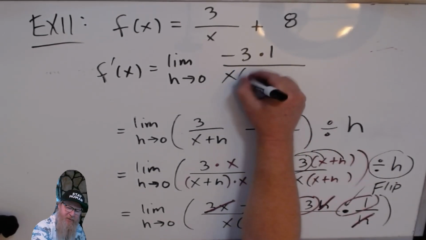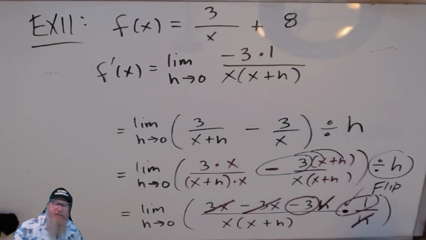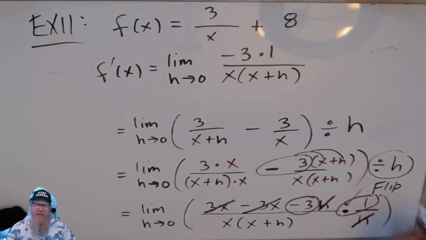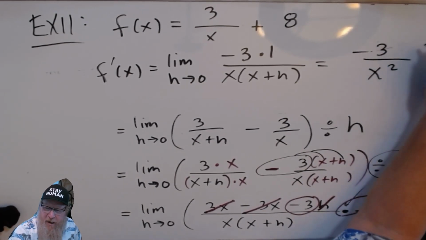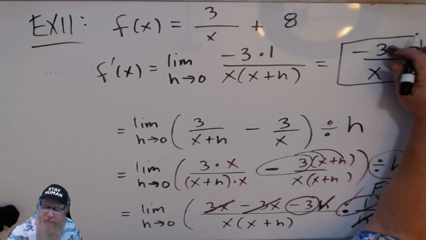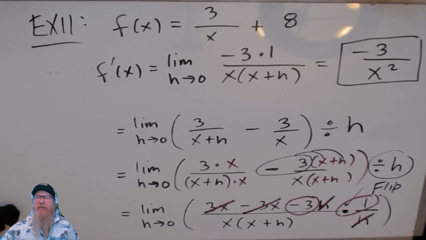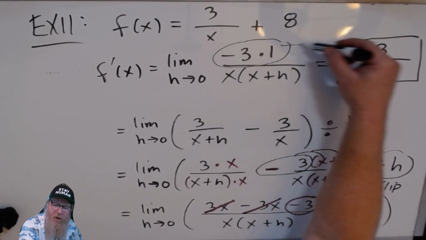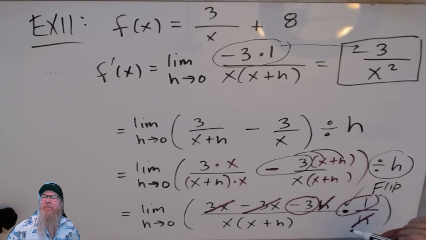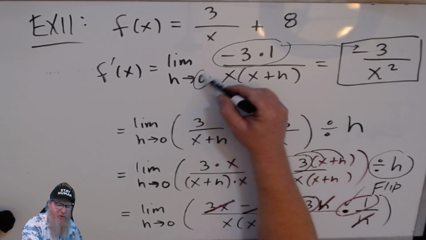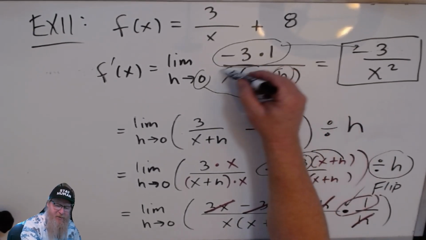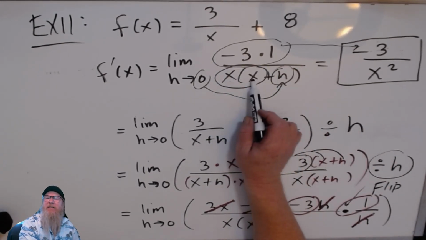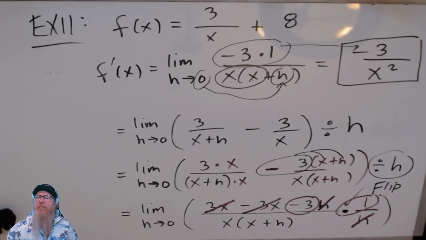And then the bottom just stays messy. And that's going to be negative 3 over x squared. You see? Negative 3 times 1 becomes negative 3. H becomes 0. And so this is just x times x, which is x squared.